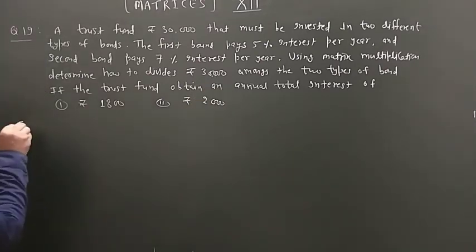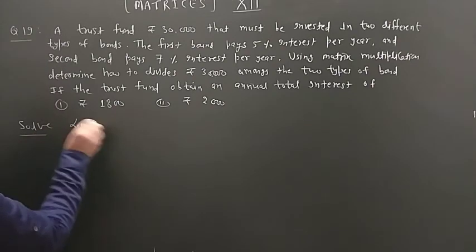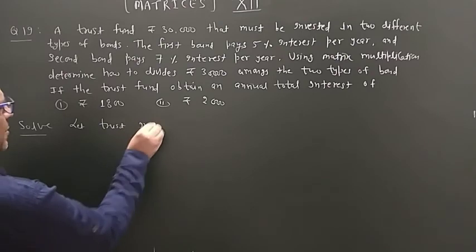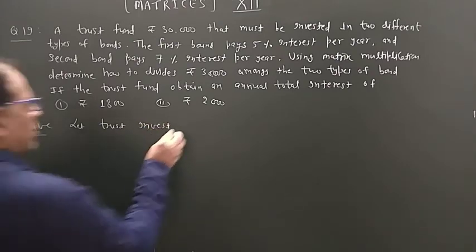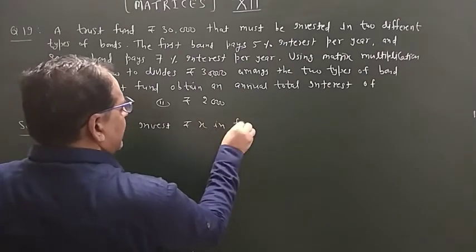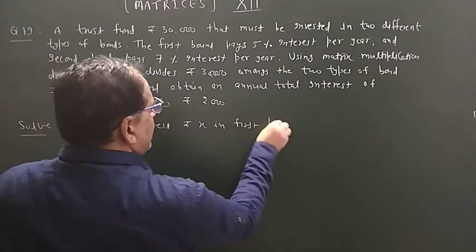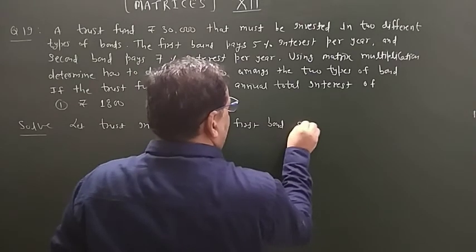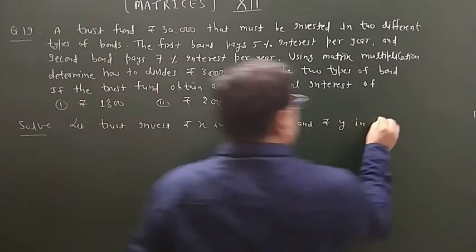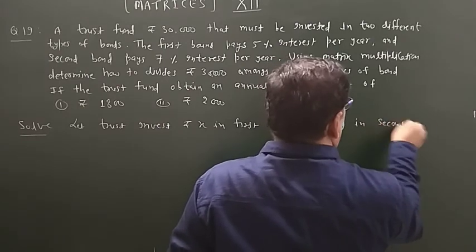So now, let the trust invest rupees X in the first bond and rupees Y in the second bond.